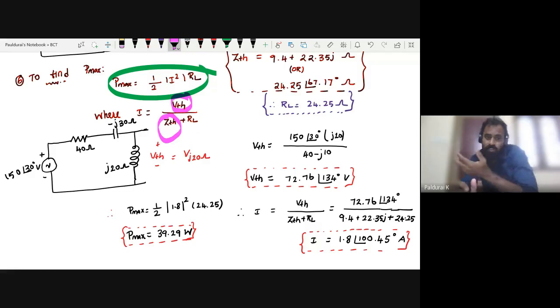If you don't give the angle for VTH, then automatically it will take 0 as the angle. Can you understand?